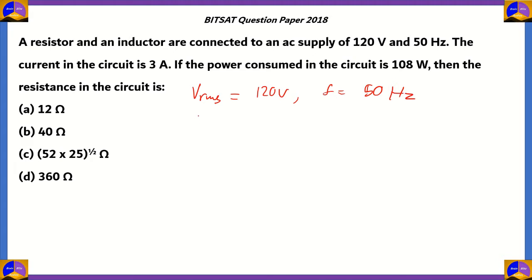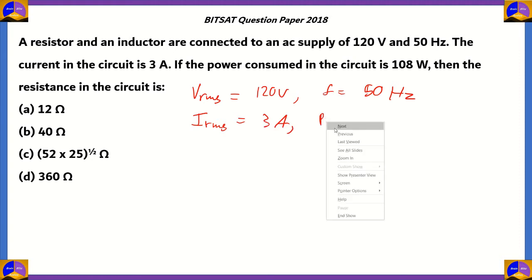Also, we know that the RMS value of current is given as 3 amperes and the average power, which is the power consumed, is equal to 108 watts. Then you need to find out the resistance in the circuit.